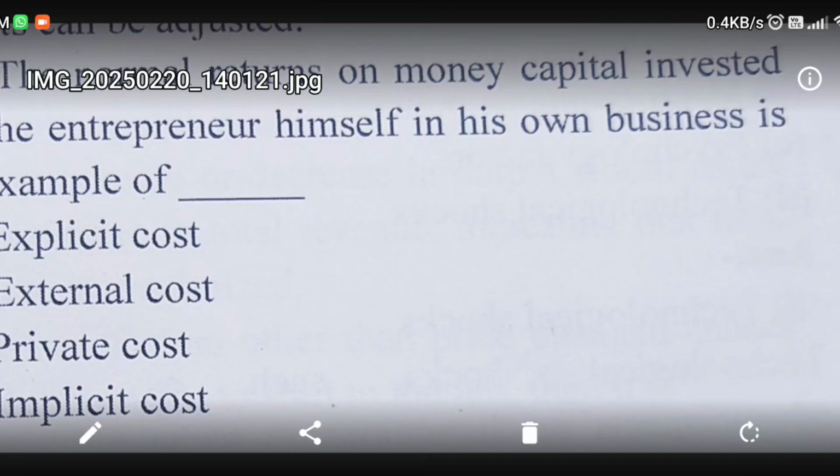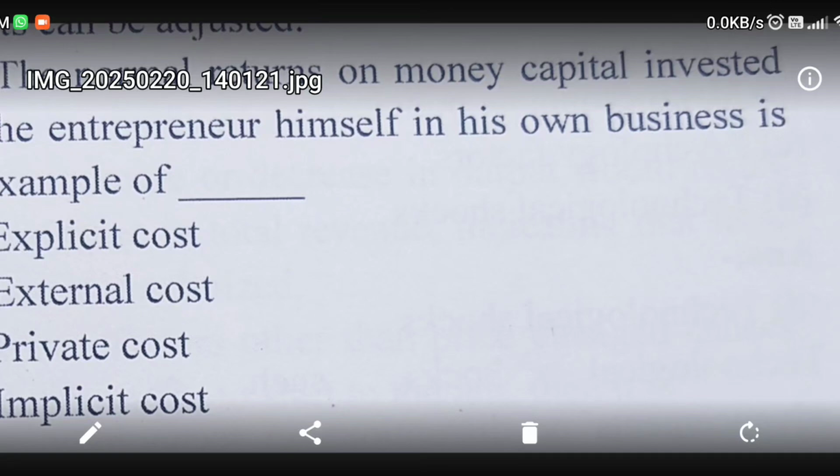The normal returns on money capital invested by the entrepreneur himself in his own business is an example of implicit cost. Implicit costs are self-owned costs that are borne by the entrepreneur himself. Implicit cost is the cost of self-owned factors used by the entrepreneur in his own business.